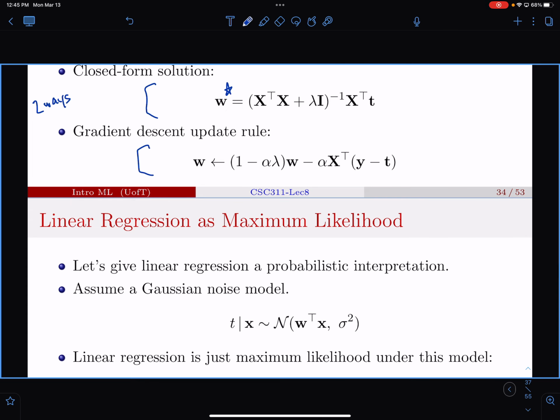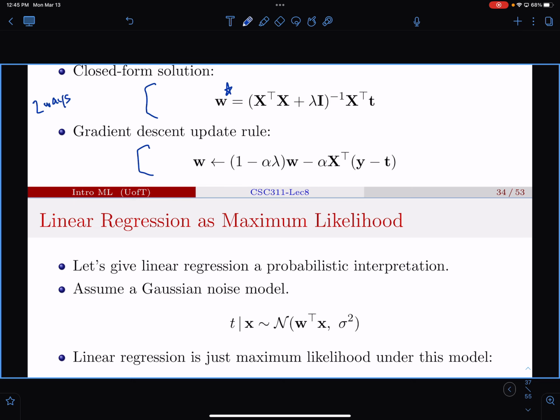So we'll try to give linear regression a probabilistic interpretation now. What that means is we can assume a Gaussian noise model, meaning each of the samples we get is formed by applying a linear transformation to the inputs plus some Gaussian noise. And that's how t is generated given x.